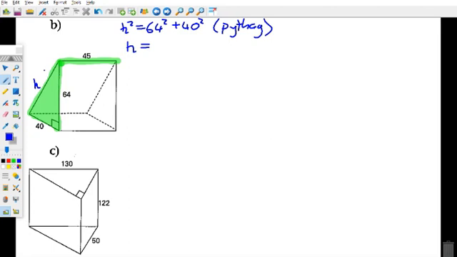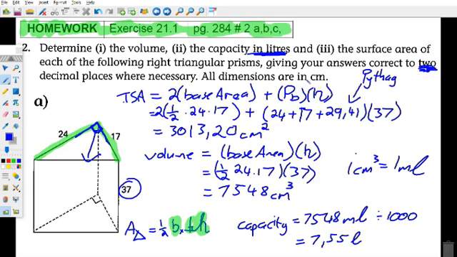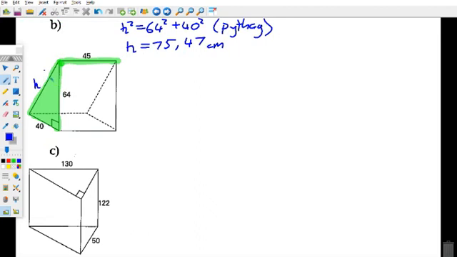We're going to root that, and we're going to get 75.47 centimeters. Let's check that. Yes, all dimensions are in centimeters. So now we've got my hypotenuse there.